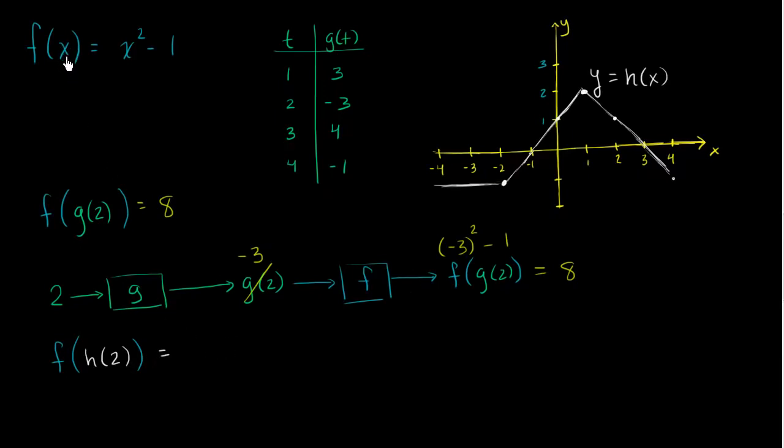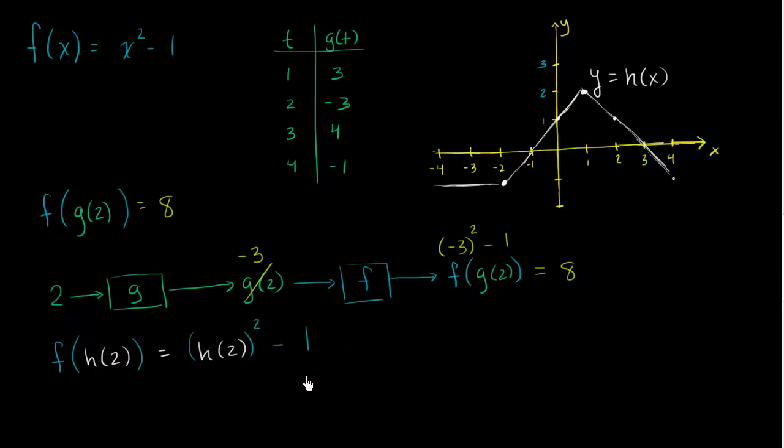So whatever the input is, you square it and subtract 1. Here, the input is h of 2. So we're going to take the input, h of 2, square it, and then subtract 1. So f of h of 2 is h of 2 squared minus 1.